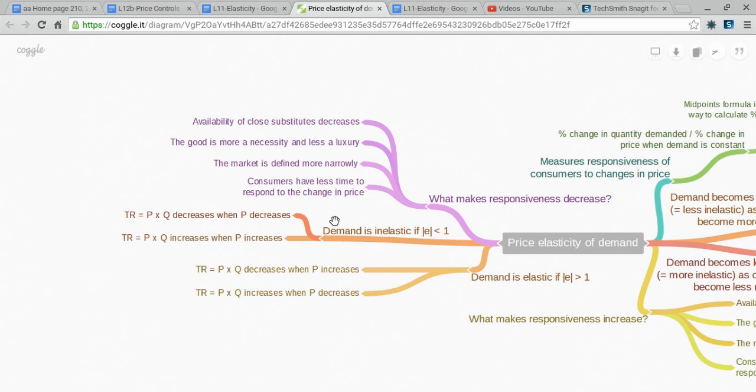When demand is elastic, it means that total revenue decreases when price decreases and total revenue increases when price increases. Demand is inelastic if the absolute value of the elasticity is greater than 1. When demand is elastic, total revenue decreases when price increases and total revenue increases when price decreases.